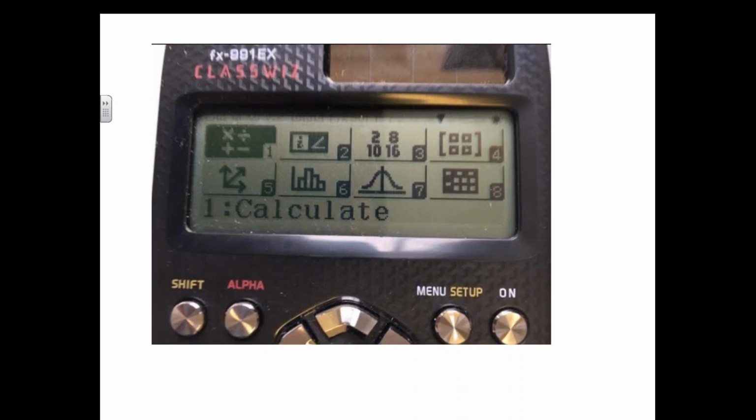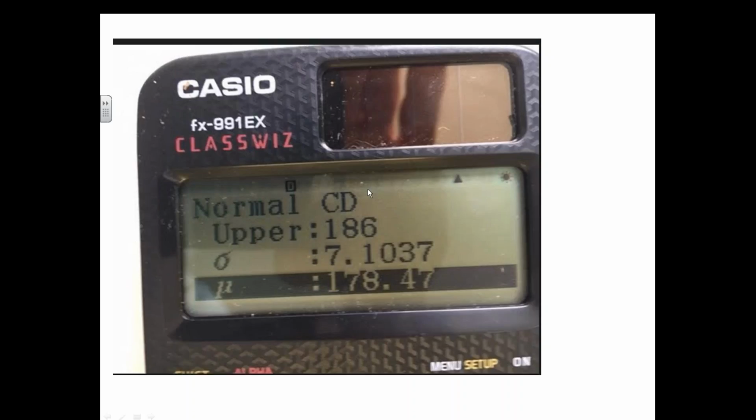The way the calculator works, and you'll see the attraction of this for students, is when you choose the normal distribution function, and you'll see it says normal CD, that's cumulative distribution function, rather than messing around with Z values, you simply type in the mu value, i.e. the mean of your distribution, the sigma value, the standard deviation, and you type in the upper and lower boundaries of the interval that you want to investigate.